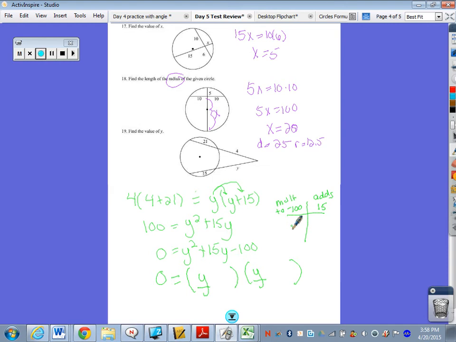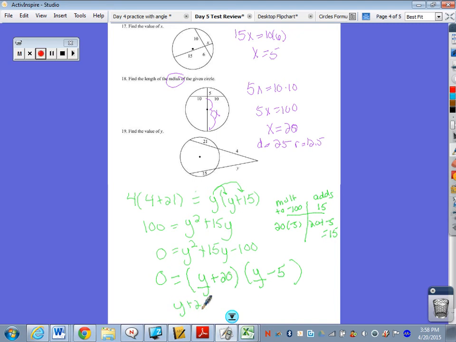So if you do your factors, it would be 20 and negative 5. You need the 20 to be positive because when you do 20 plus negative 5, that gives you a positive 15. So you put plus 20 because that's one factor, and then minus 5 because that's the other.